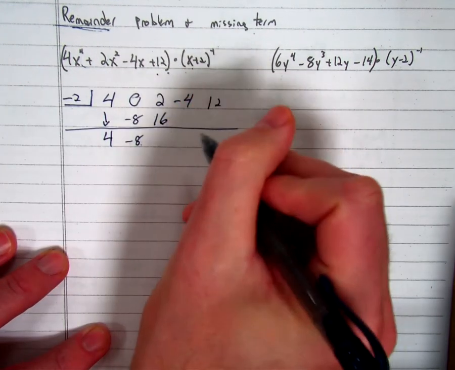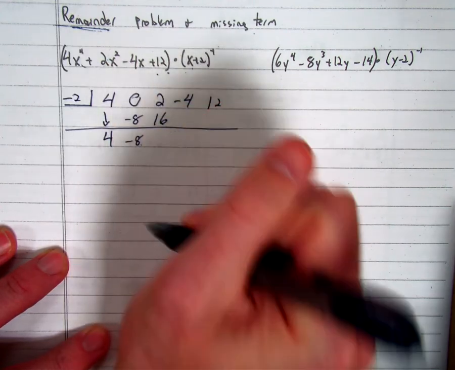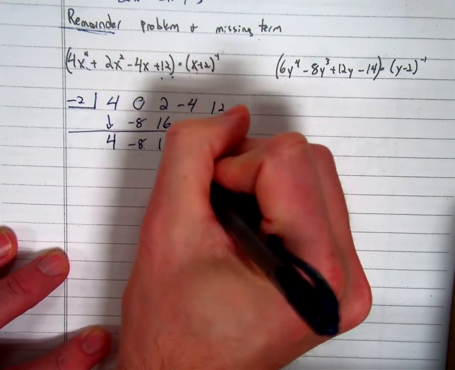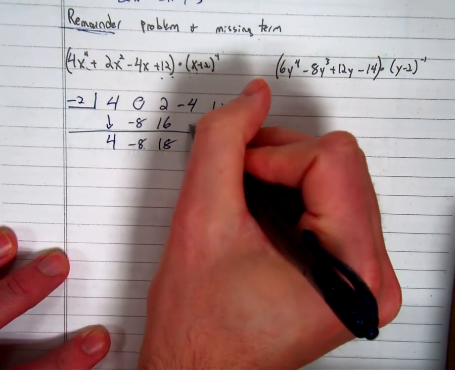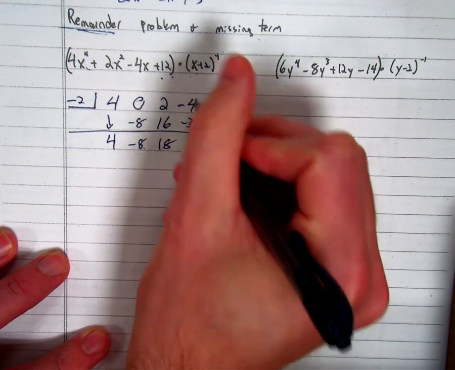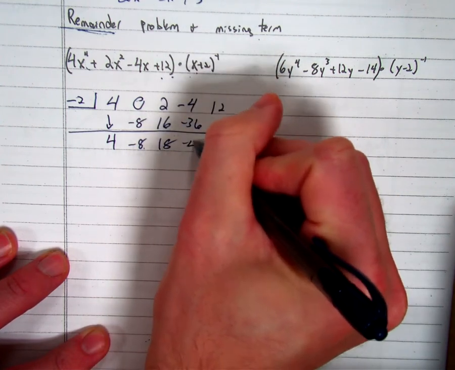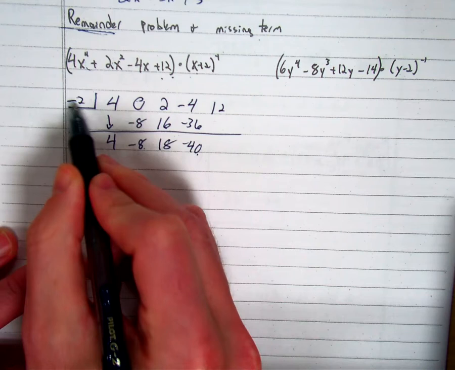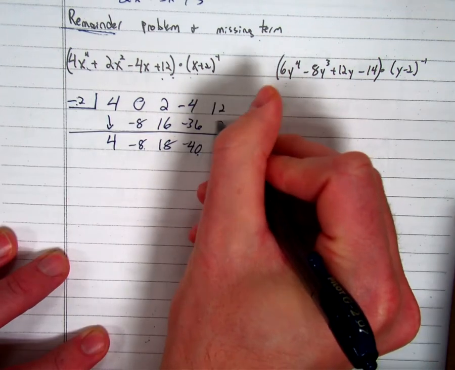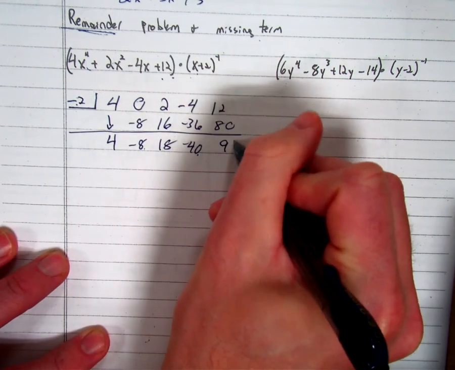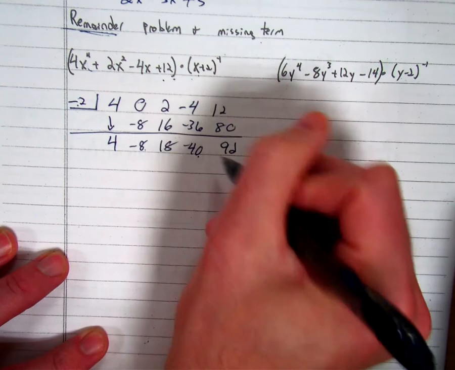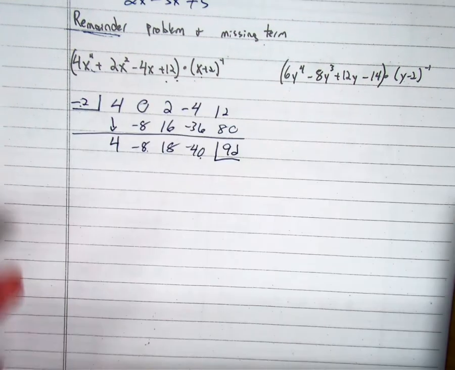Negative times a negative, positive. Add down. 18. Times negative 2, negative 36. Add down. Negative 40. Times negative 2, positive 80. Add down. 92. Yikes. But we were expecting a remainder this time because the title there is remainder problem.